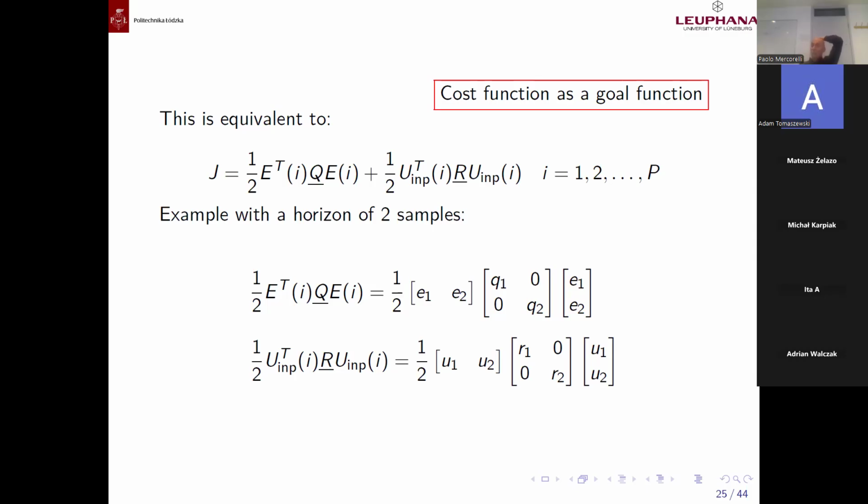Q1 larger than Q2, R1 larger than R2. This means I put total energy to minimize energy, meaning the input, power in the input, U square. Anyway, the input, to minimize the error tomorrow without considering much what happens after tomorrow.